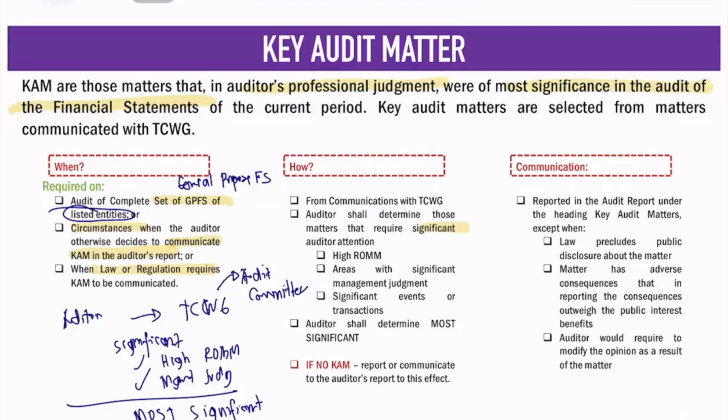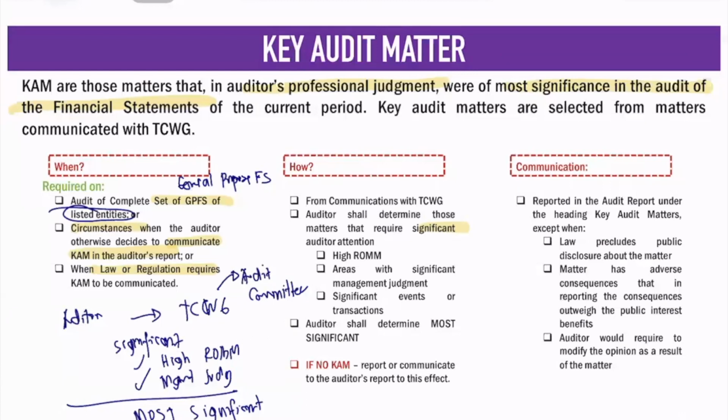And based on those communications, we determine it as significant if ever what is communicated is with significant risk of material misstatement or high risk of material misstatement. Another, if ever that item communicated is reliant as to significant management judgment, just like in our example a while back, that is your expected credit loss.